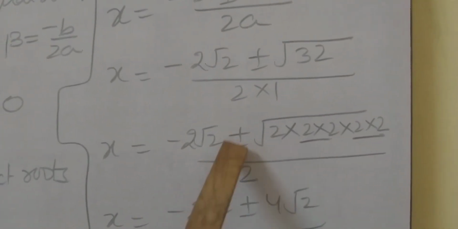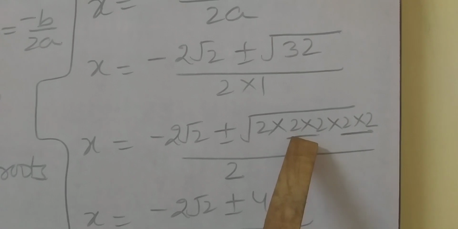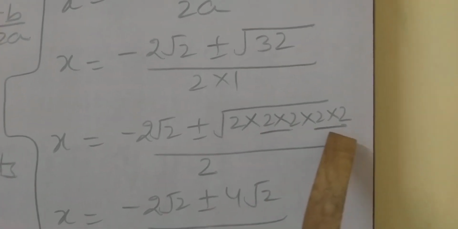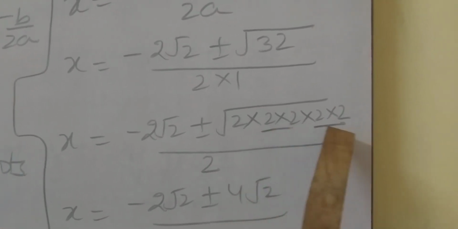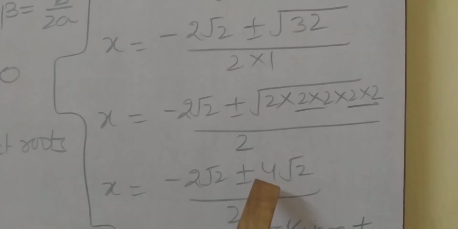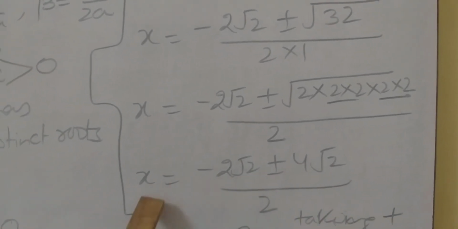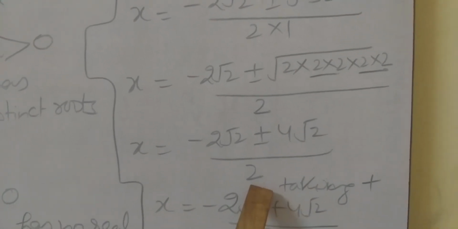Minus 2 root 2 plus minus, find the factors of 32: 2 into 2 into 2 into 2 into 2, five times 2. Make pairs. So these two pairs are there. 2 into 2, 4 will come outside. X equals minus 2 root 2 plus minus 4 root 2 upon 2.